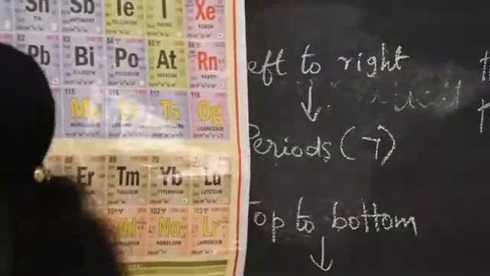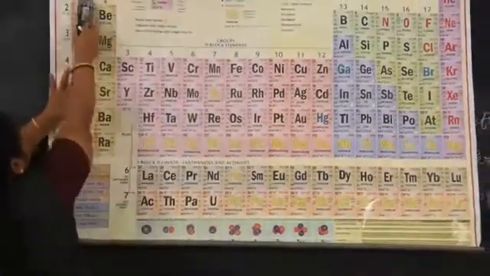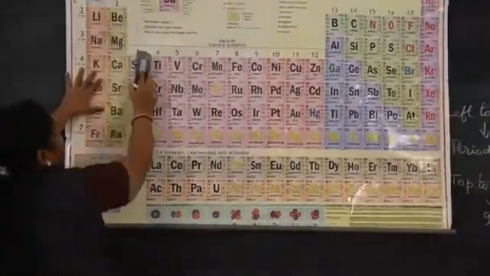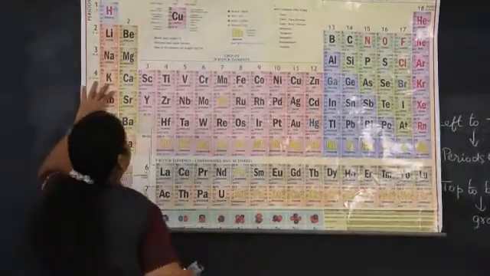Among these 18 groups, first see in the periodic chart the numbers 1, 2, 3, 4, 5, 6, like that up to 18.